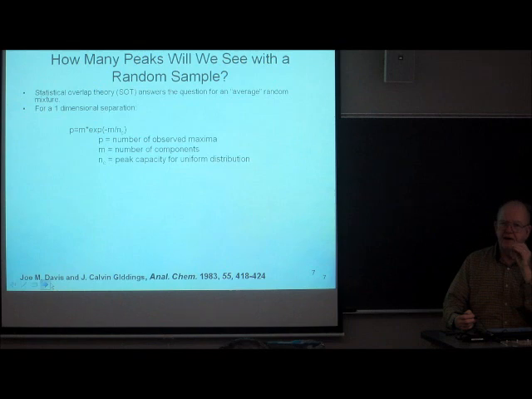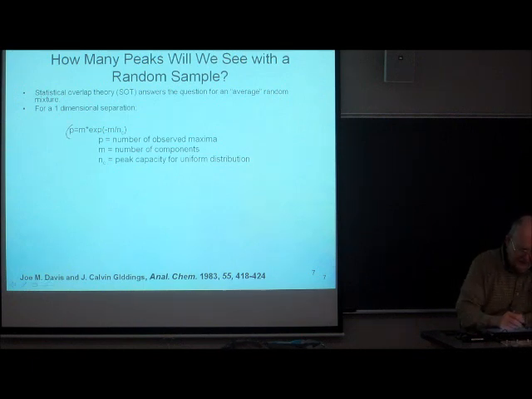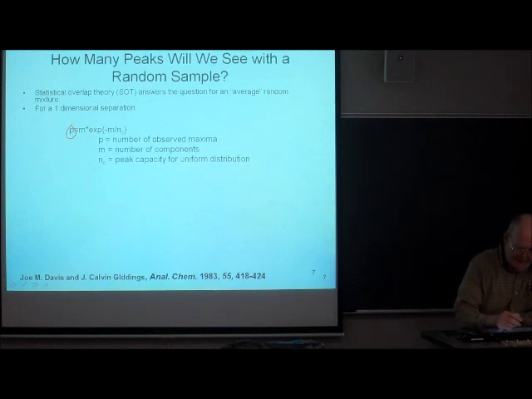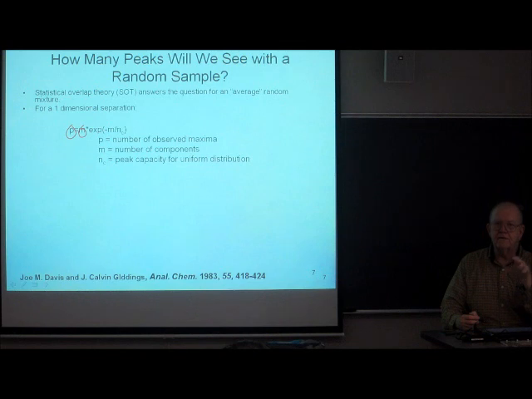But the math can be worked out, and it turns out that the answer for the average number of peaks that you'll see, little p is the number of peaks, m is the number of real chemicals, real components present in the sample.